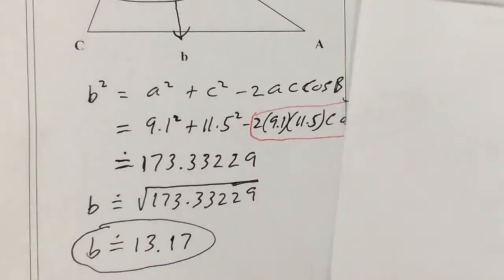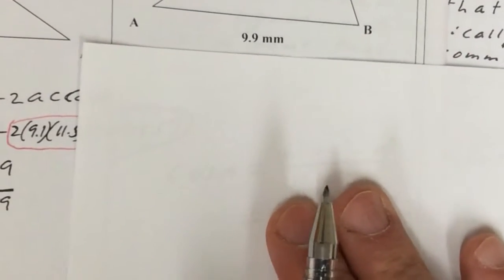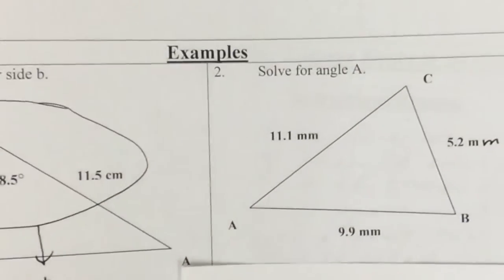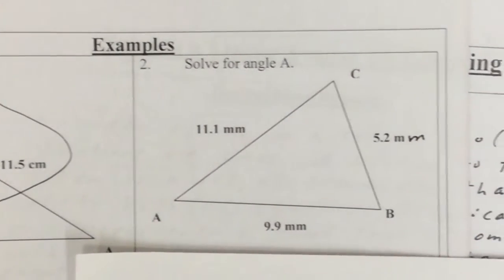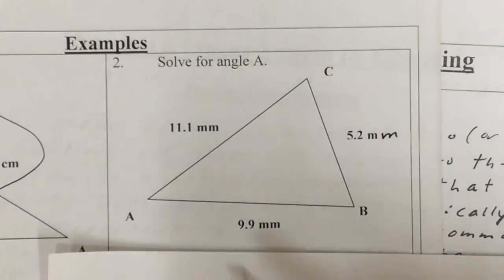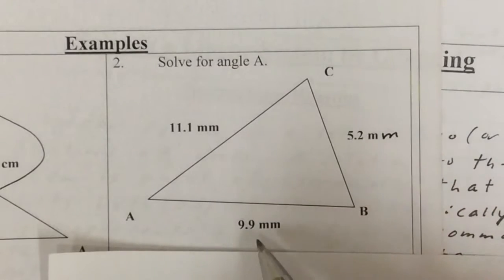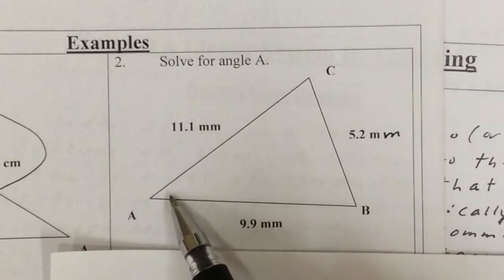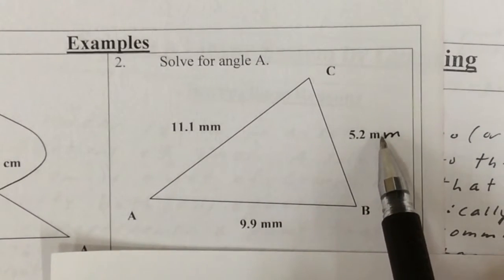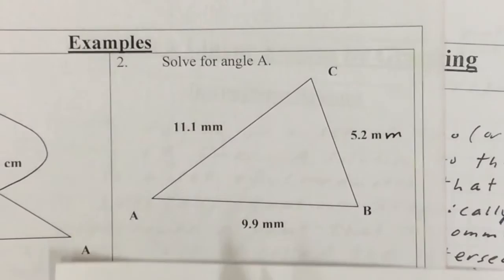And here's another example, when looking for an angle. Here you're given three sides, 11.1, 5.2, and 9.9 millimeters. So you want to solve for angle A. There's angle A, and there's the side opposite of it, so that's the one you're going to subtract in the formula.